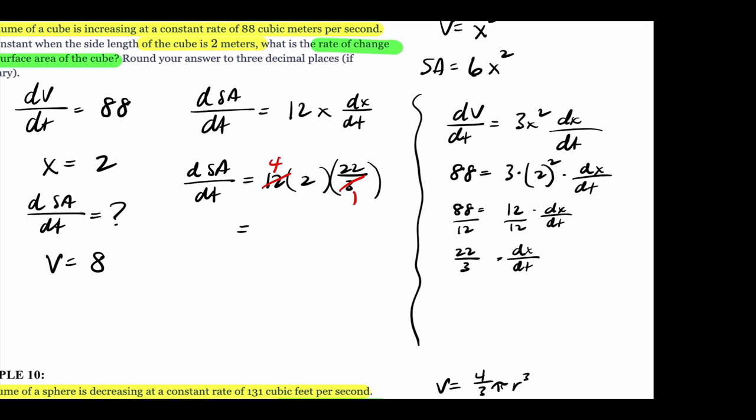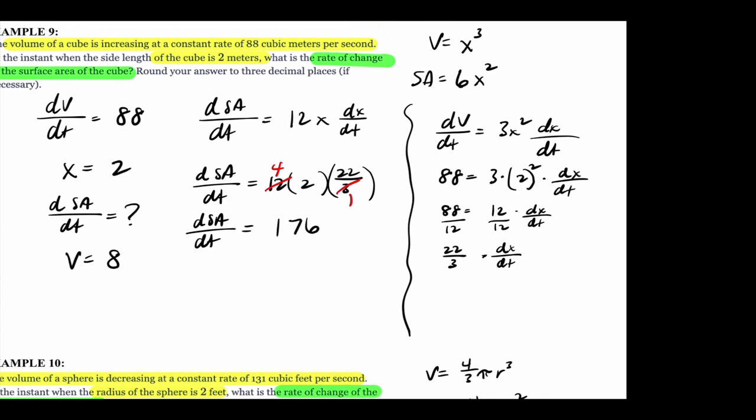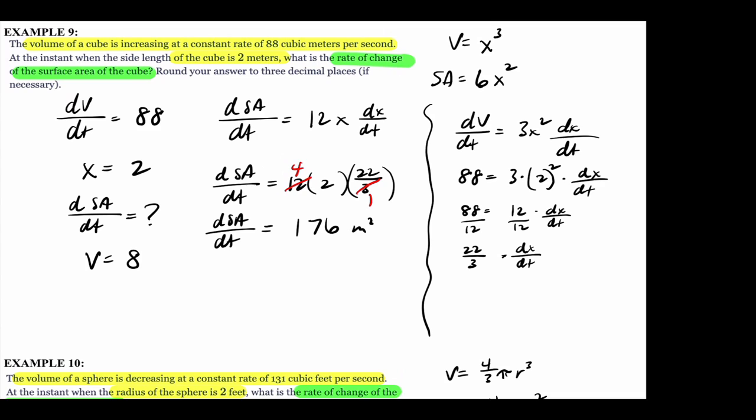What is 8 times 22? 176. Thank you. Surface area, so it's going to be meters squared. But it's also a rate per second.